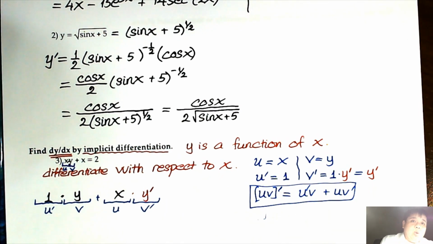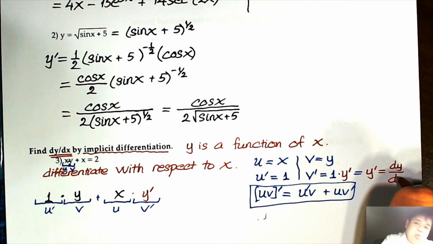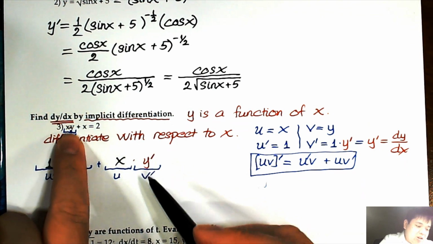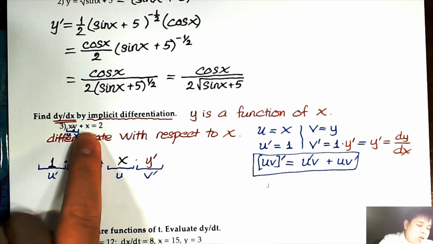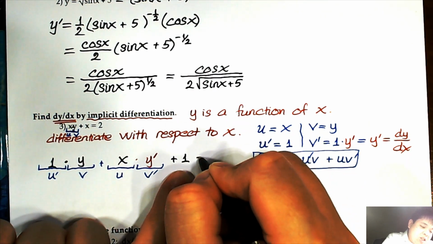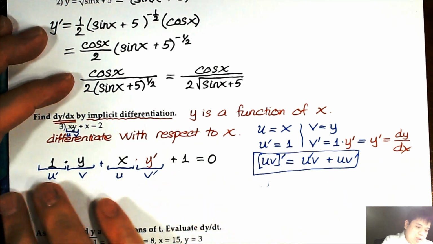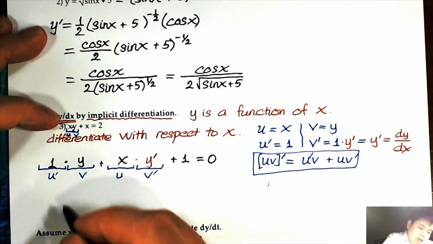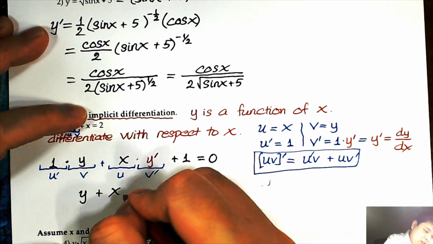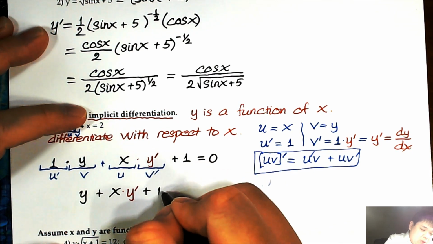By the way, we can either write y prime, or we can also write dy over dx if we choose to. Alright, so that's just the first term. Next, the derivative of x is 1, and the derivative of 2, it is a constant, so it's going to be 0. Alright, so we have y plus x times y prime plus 1 equal to 0.